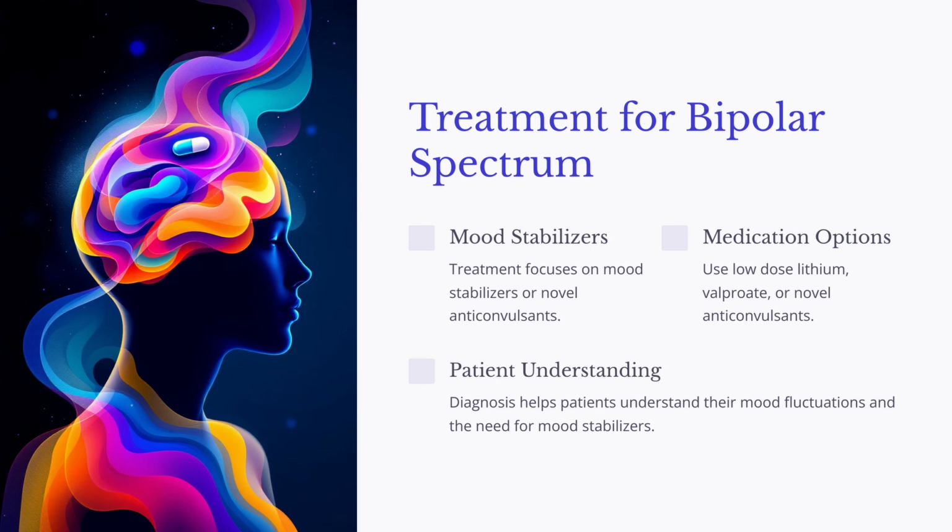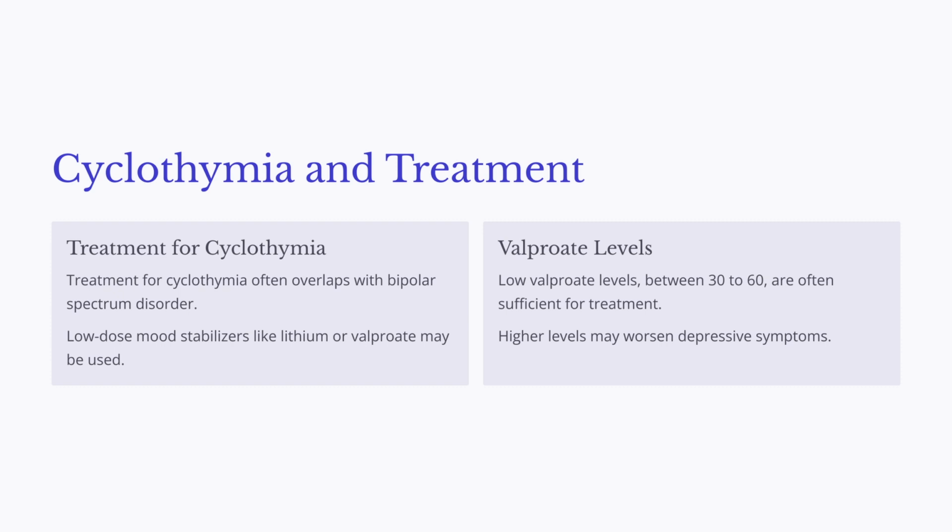Now, just a few other topics I want to touch on in this video. As I mentioned, cyclothymia means major depressive symptoms that don't meet threshold for diagnosis of major depressive disorder, and mood elevation symptoms that don't reach threshold for a manic episode, but they can reach threshold for hypomania. So regarding treatment for cyclothymia, I would say it overlaps with bipolar spectrum disorder, where it's not unreasonable to use low-dose mood stabilizers like lithium or valproate, or use a medication like Lamictal.